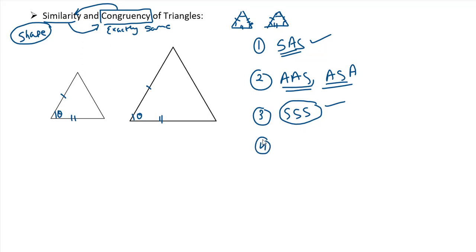Then the fourth condition is SSA. That means if two sides are equal and the angle opposite to the biggest side is also equal, then we can say the two triangles are congruent. One point to note here for the second condition is that if we prove two angles are equal, then the third angle automatically becomes equal, because sum of the angles in a triangle is 180 degrees. If the two angles are equal, then third angle will automatically become equal.